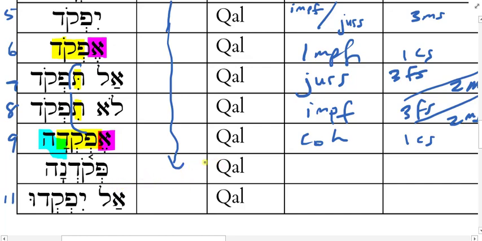Yeah. So, since this is not second person, this is not the immediate prohibition compared to the lo plus the imperfect second person. This is a third person jussive. So we're saying let them or may they not do such and such.